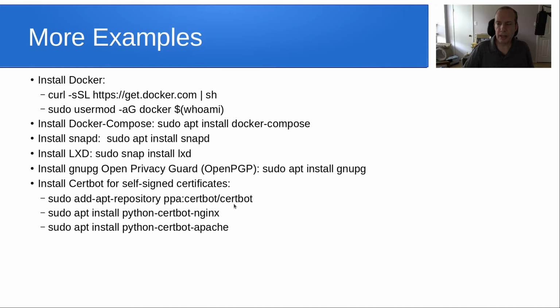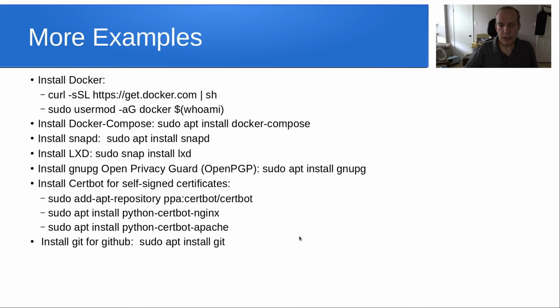It'll ask you to hit an extra return in order to get this repository into Ubuntu. And then, depending upon whether you're going to use the Nginx web server or the Apache web server, you're going to install one of these two commands to actually install certbot. We can make an entire video on certbot, but we're not going to do that right now.